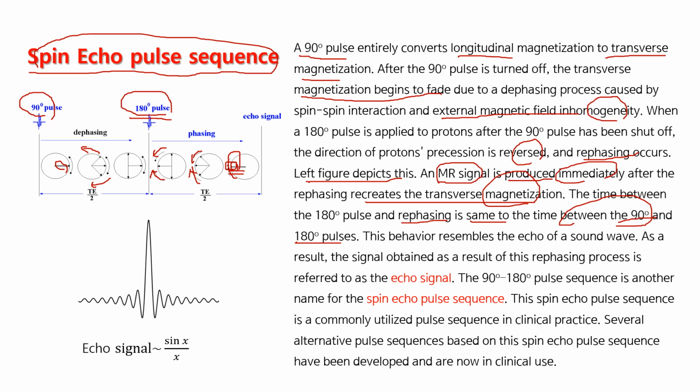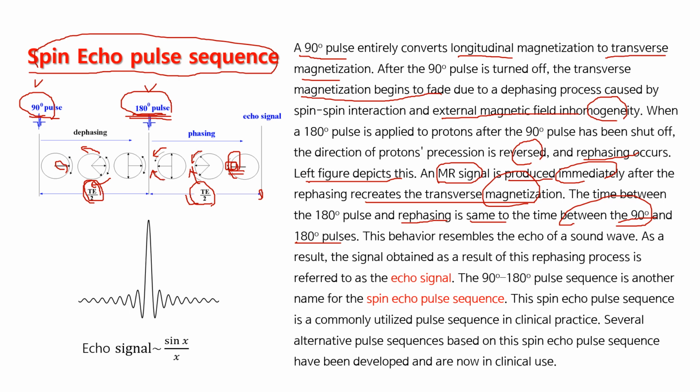So the time interval between the 90-degree pulse and 180-degree pulse is T over 2, and the signal is detected T over 2 after the 180-degree pulse is turned off.